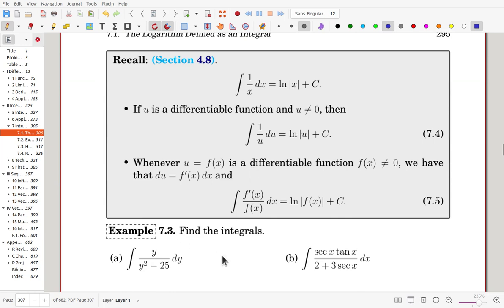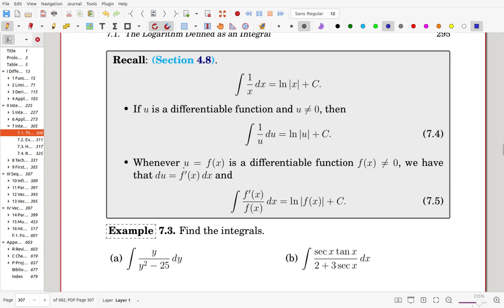Okay, here we have a recall from section 4.8. The integral of 1 over x is the same as logarithm of the absolute value of x plus c. If u is a differentiable function and non-zero, then the integral of 1 over u with respect to u is the same as logarithm of the absolute value of u.